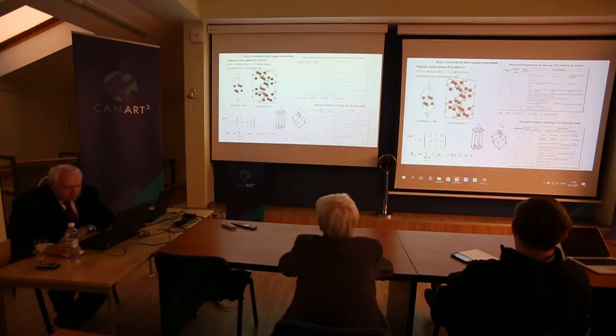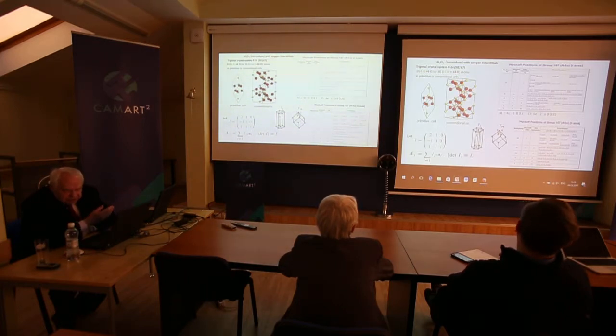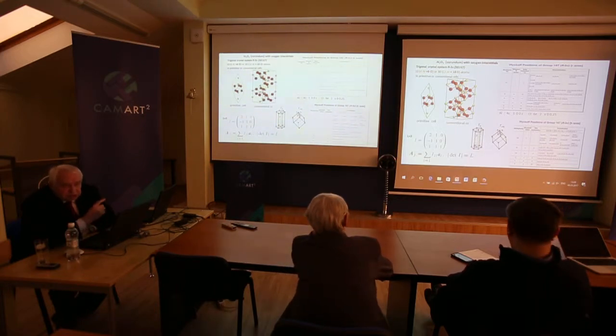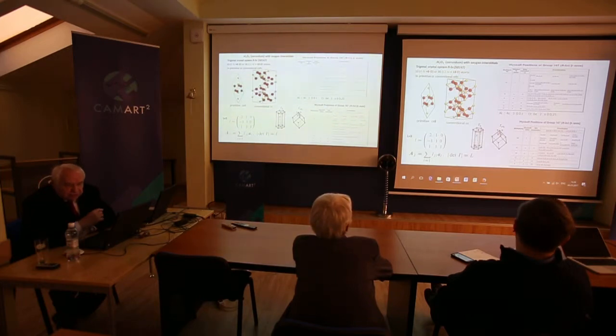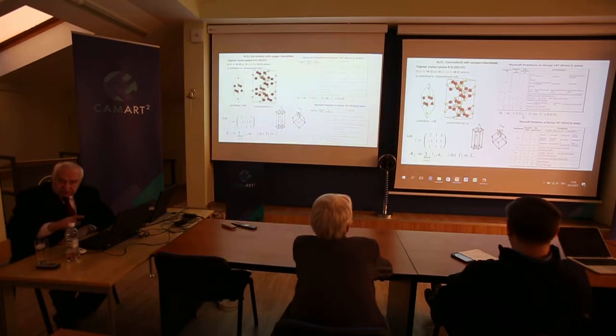So you see that aluminium atoms occupy the 4C position, and the multiplicity of this is 4, and the local or site symmetry is only rotation around the third order axis. But there is 1 parameter along this axis.